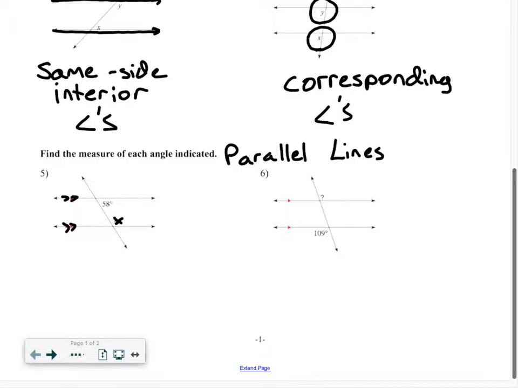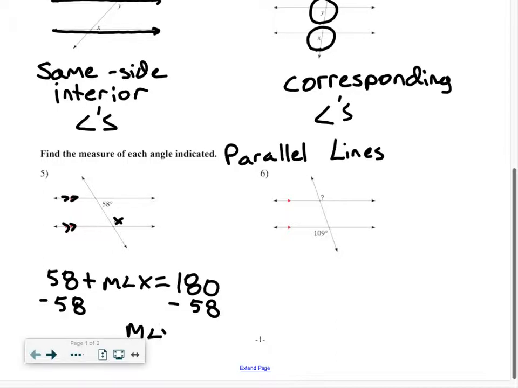So 58 plus the measure of angle X must add to 180. Solving this is as easy as subtracting 58 from 180, and you get the measure of angle X to be 123 degrees.